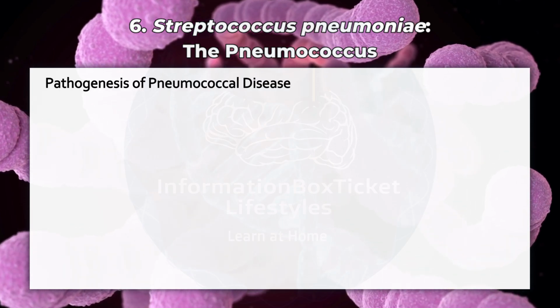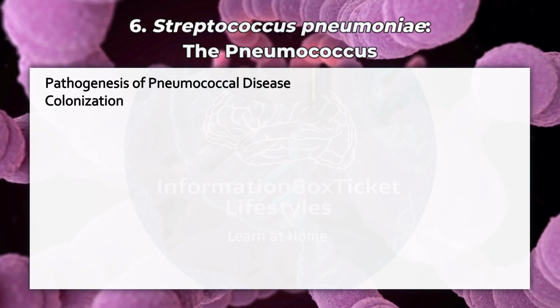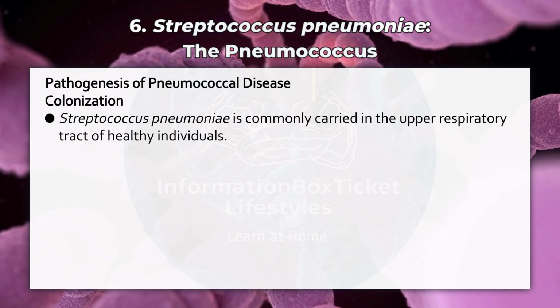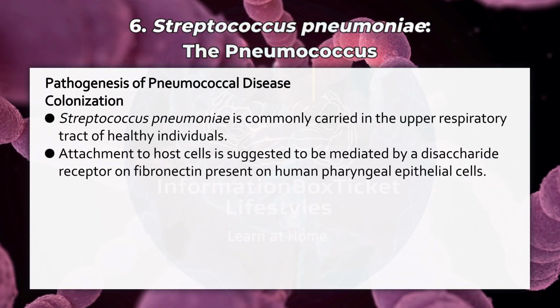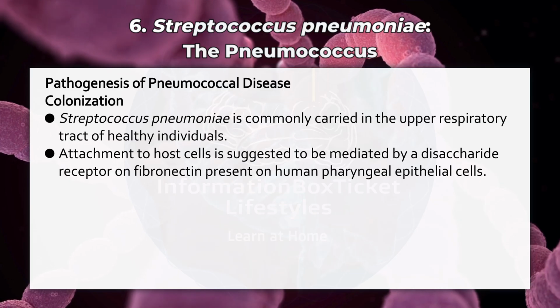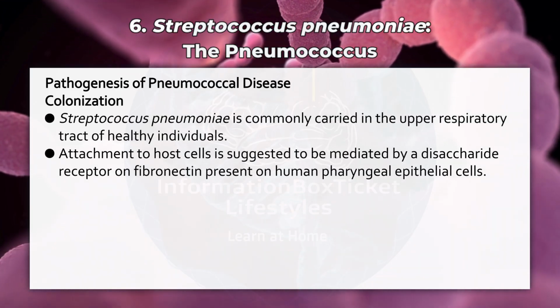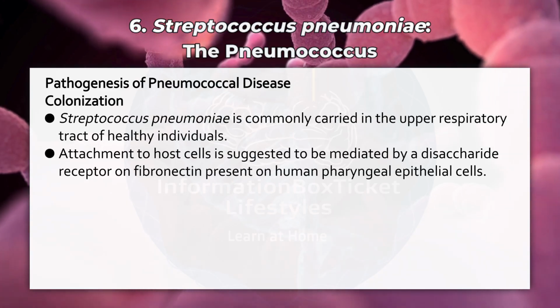Pathogenesis of pneumococcal disease. Colonization: Streptococcus pneumoniae is commonly carried in the upper respiratory tract of healthy individuals. Attachment to host cells is suggested to be mediated by a disaccharide receptor on fibronectin present on human pharyngeal epithelial cells.